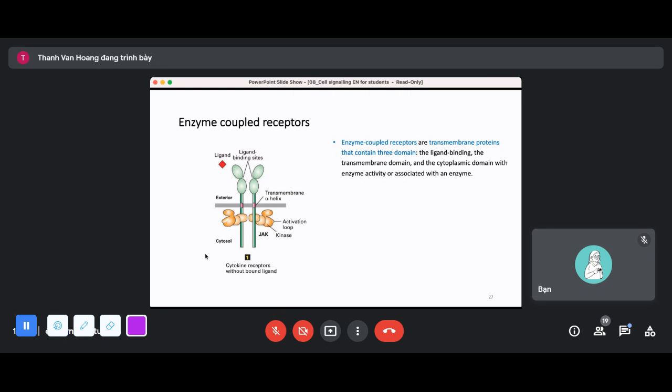So now let's talk about the enzyme coupled receptor. The third major group of receptors, and it plays a very important role, for example, for cells to receive external signals such as growth factors or cytokines for the immune system.